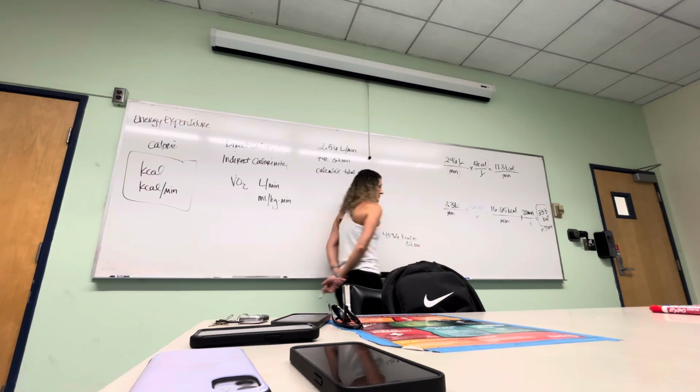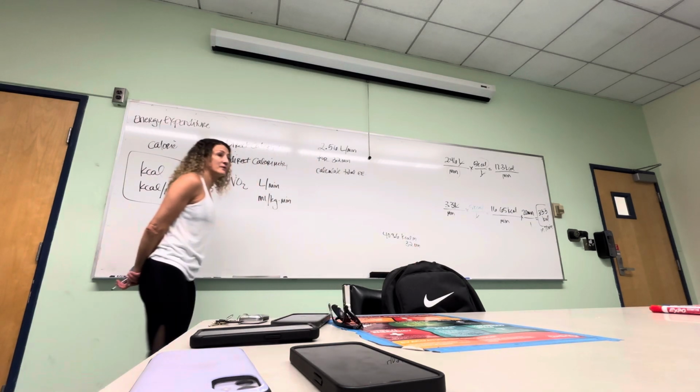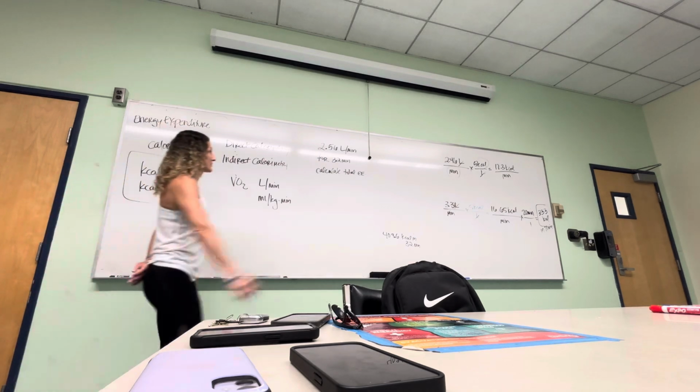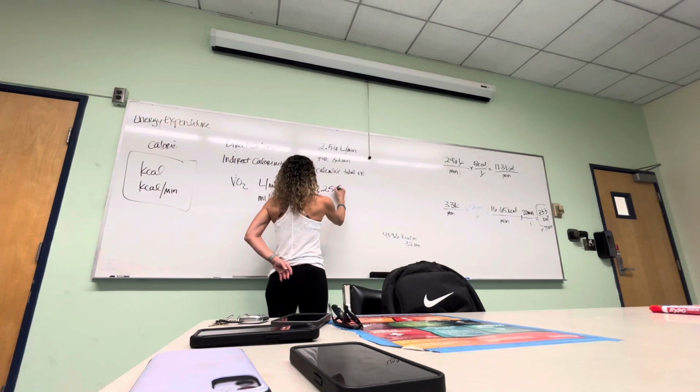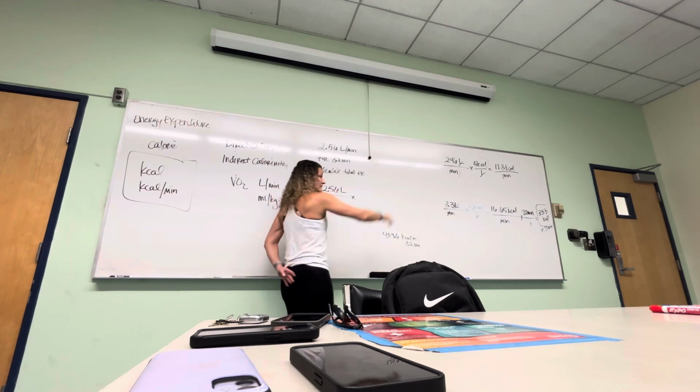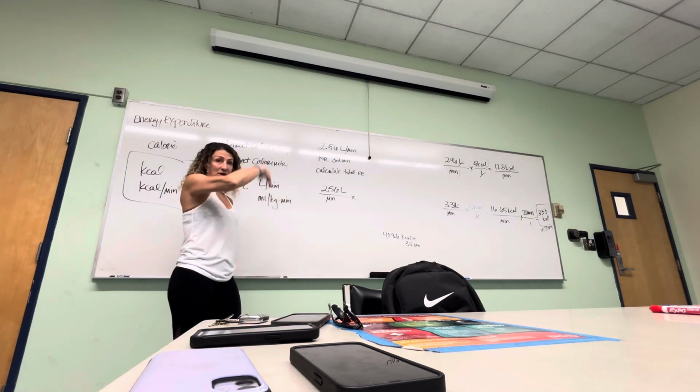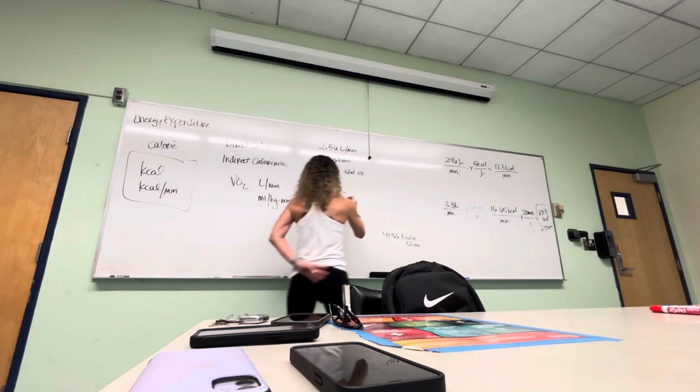Okay. Somebody else let me know if you get that same answer or if you get something different. Same answer. Okay. So let me write it out for the people who are struggling. 2.56 liters per minute. And you're going to need to set it up in stoichiometry like this and show me how all the units cancel out.